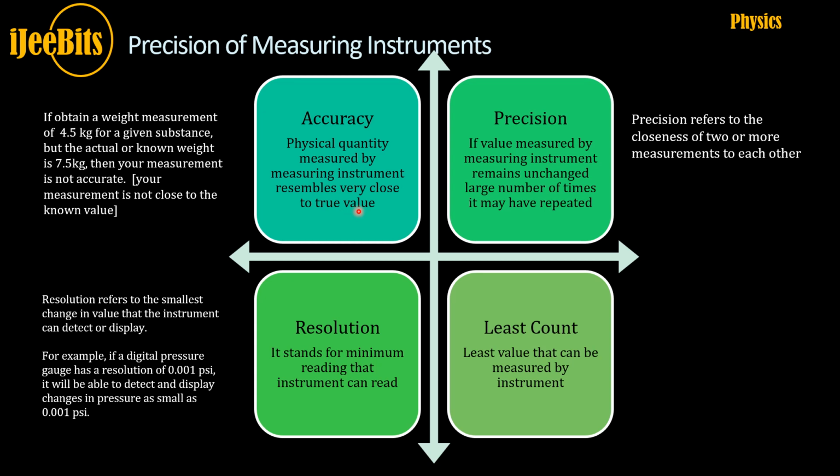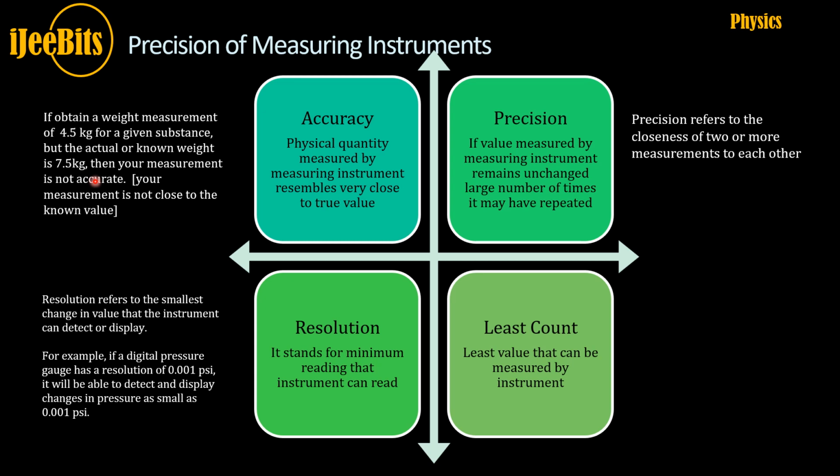So let's look at one example. You are trying to measure the weight of some substance. Let's say you measured it and got 4.5 kgs in the measurement. But actually the weight of the substance is 7.5 kgs. You think of it, too much of a difference, right?